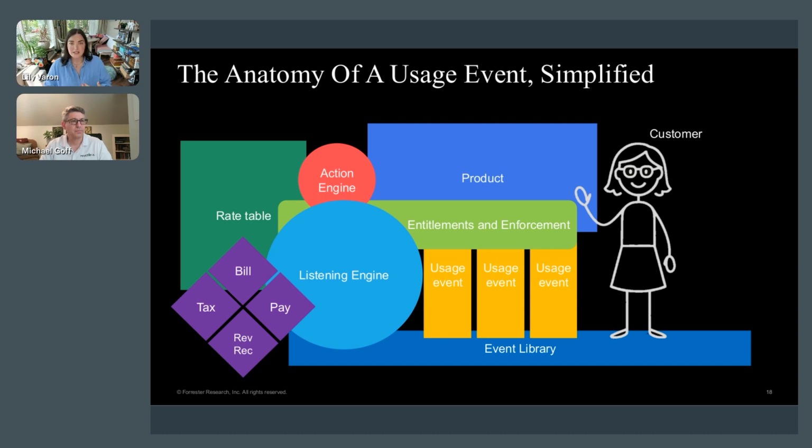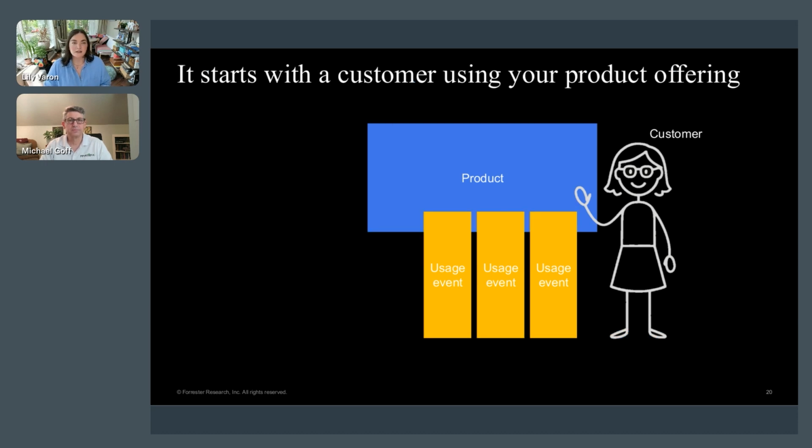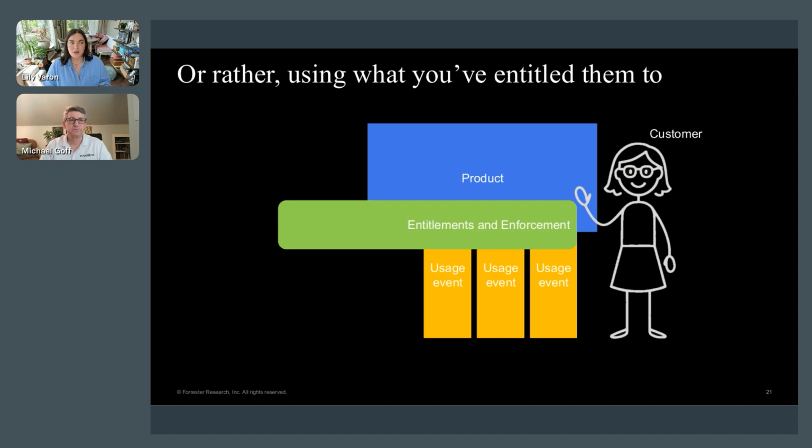So first, a customer or their agent accumulates usage by engaging with your product or service, right? So there's a bunch of usage events that get accumulated. Then, and interestingly and importantly, I think especially today, given the context of our conversation, it's usage that you have granted.